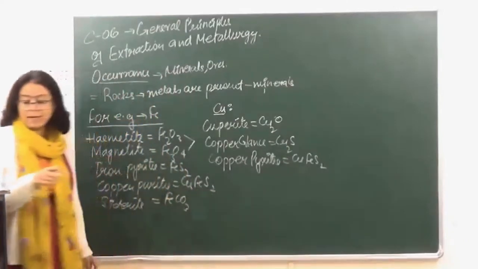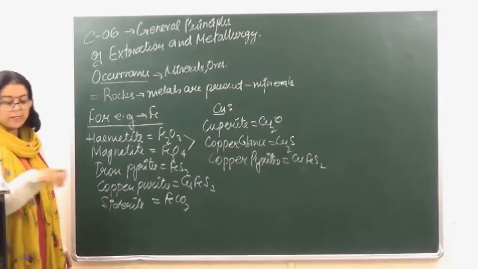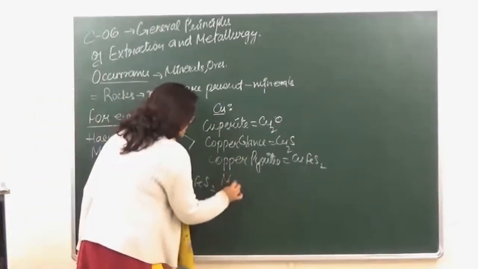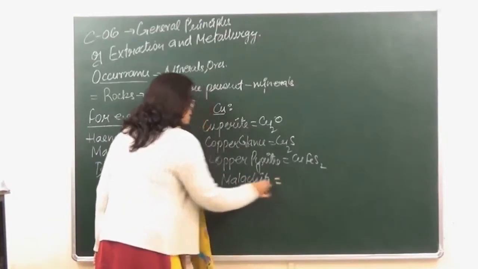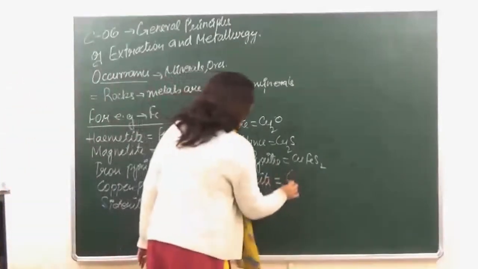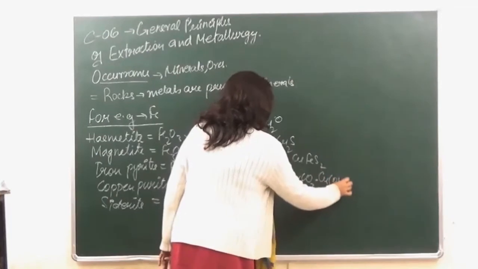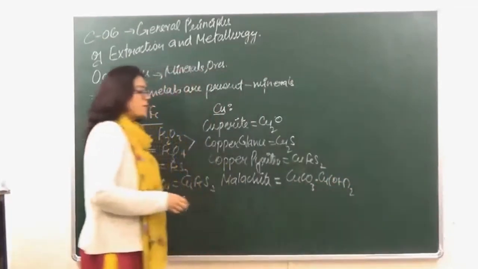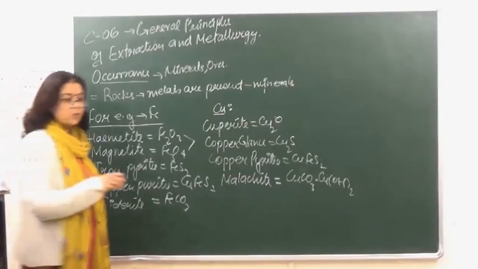Copper pyrites के बाद we have malachite. Malachite, which has the formula CuCO3 dot Cu(OH)2. ठीक है? फिर malachite के बाद हमारे पास आता है azurite.